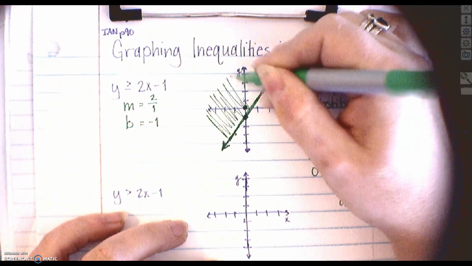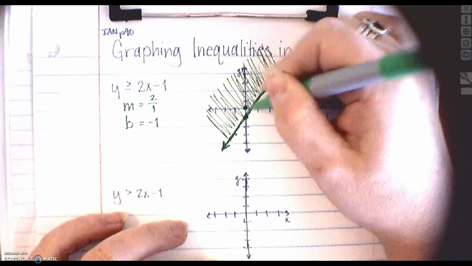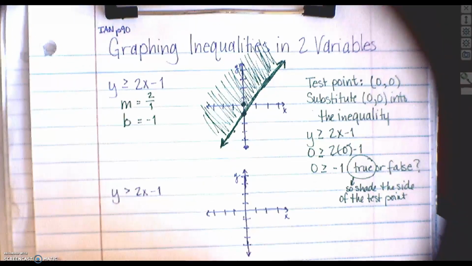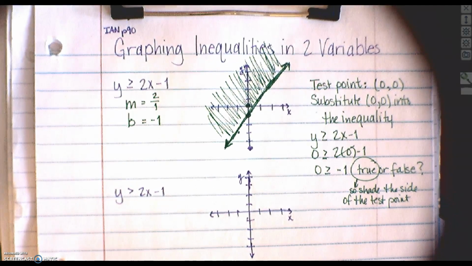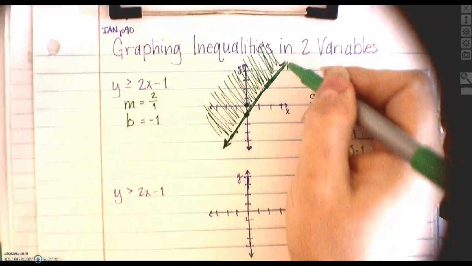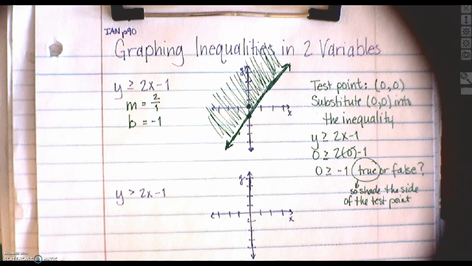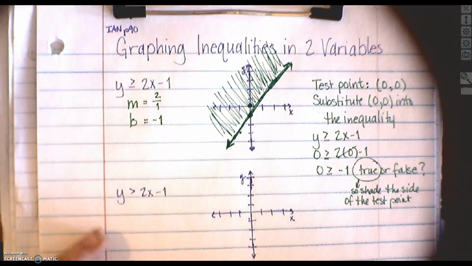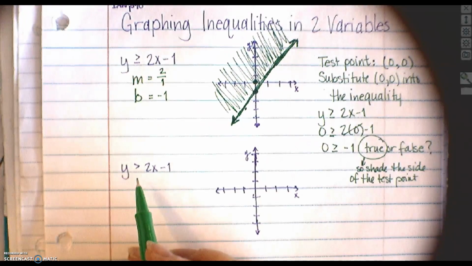We're just going to shade the whole half plane. The whole thing. That whole half plane gets shaded. Now that is a complete graph of this inequality. You're going to have some sort of line and some sort of half plane shading for every inequality you graph. Let me show you what this graph would look like if it was a little different.